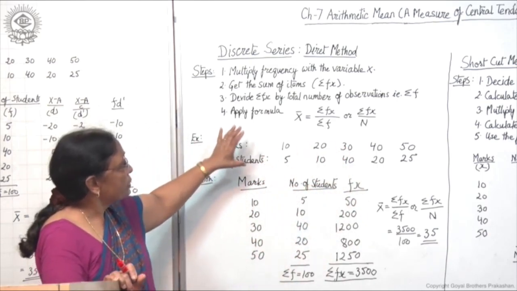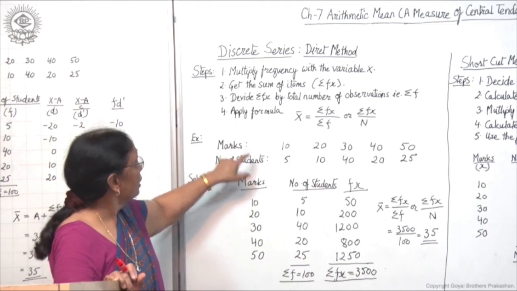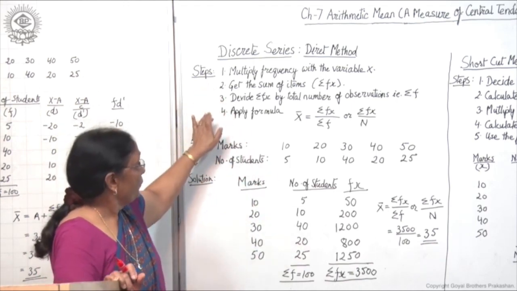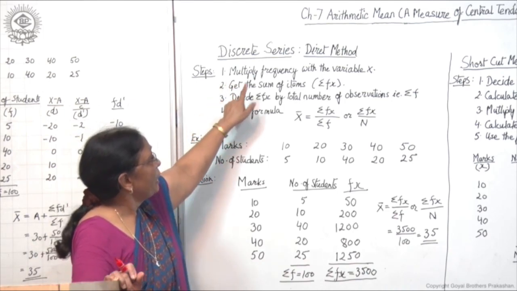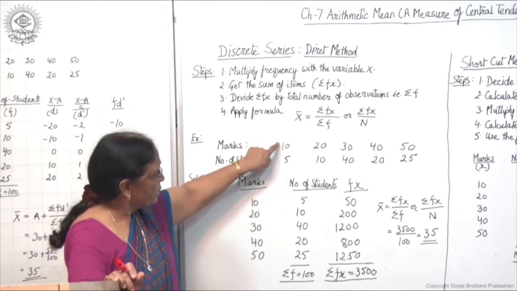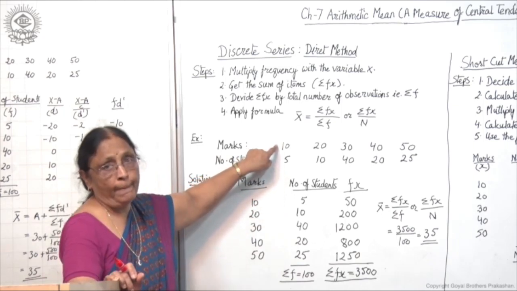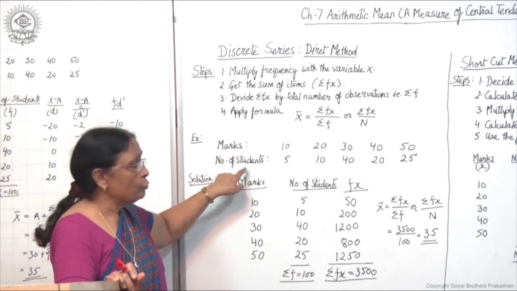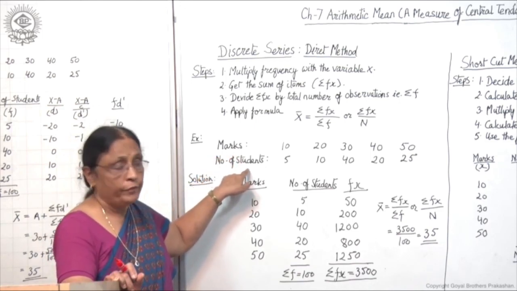Now in the case of discrete series where the frequency is given, the steps you are supposed to follow are these. First is multiply frequency with the variable x. That means each frequency you will multiply with the variable, right? Marks will be considered as x and number of students will be taken as frequency.